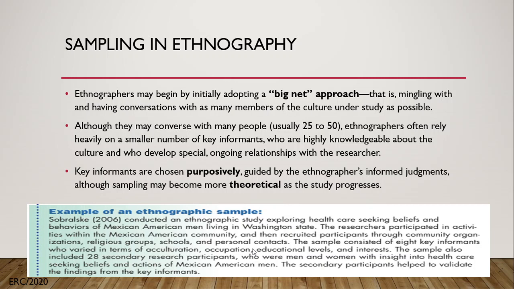The secondary participants helped to validate the findings from the key participants. Okay, you have to involve yourself in the community for you to be able to identify kung ano nga ba yung kanilang kultura. Okay, that is the primary goal of ethnography or ethnographic studies.